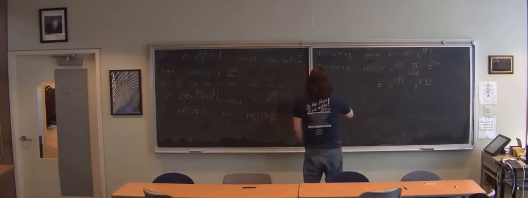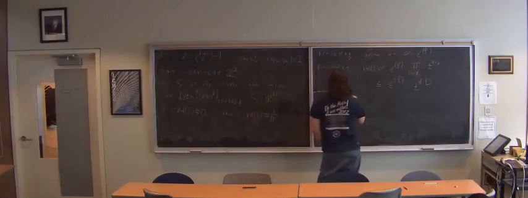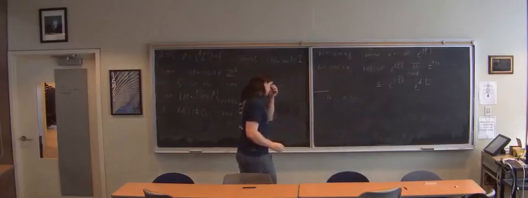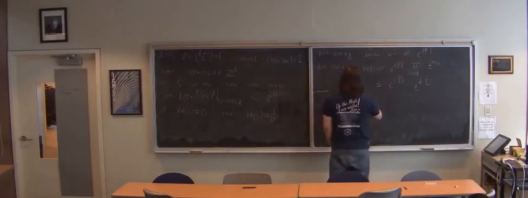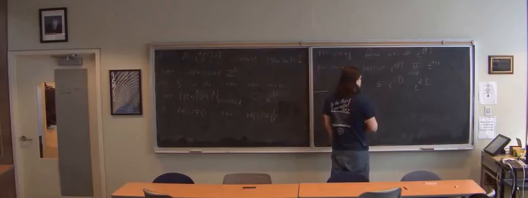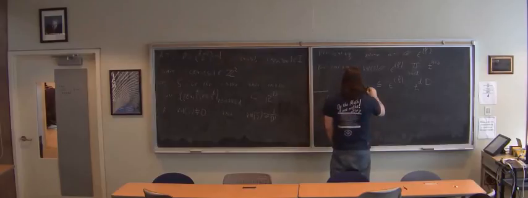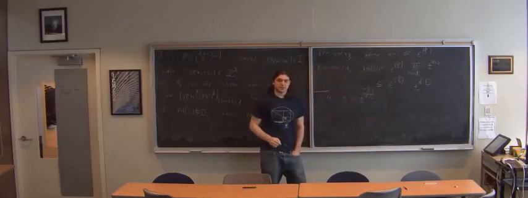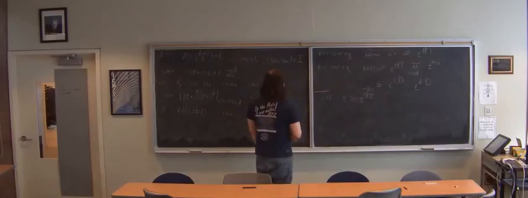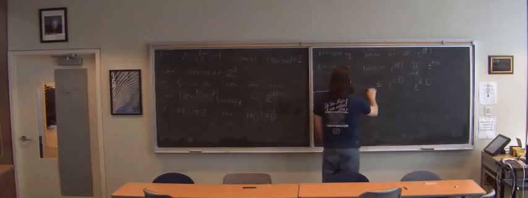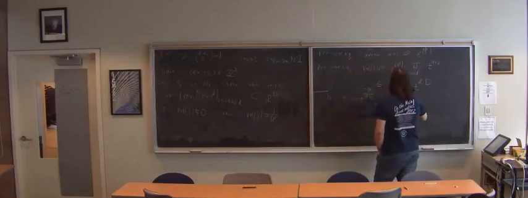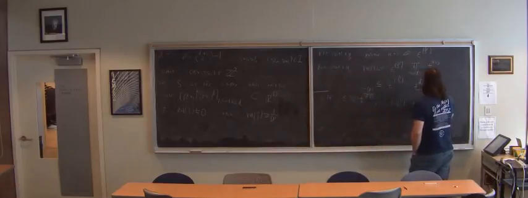So therefore, if epsilon is at least t to the minus d choose 2 over little d times big D, the volume of S must be 0.